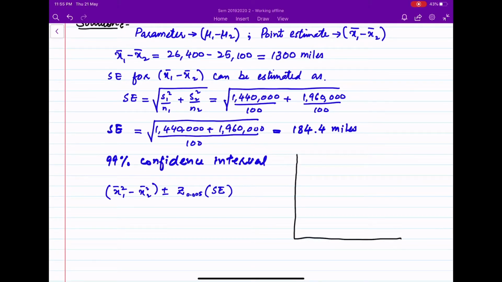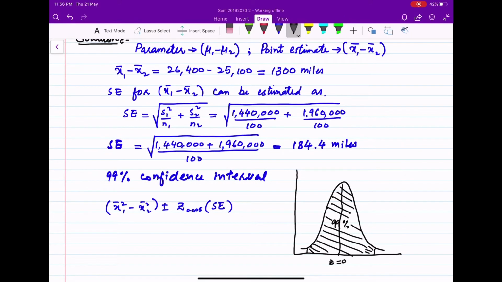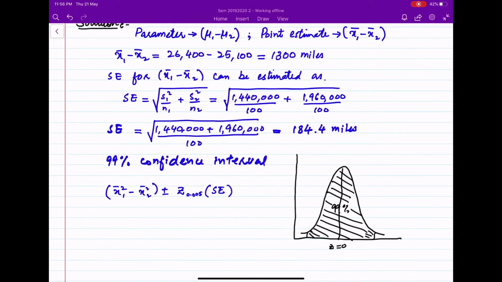We draw the population normal probability distribution. We know the center will be at z equal to 0, or the average of the population, or population mean. Okay, so the 99% confidence interval is the 99% area under the curve. The rest of the 1% is distributed on each side, which will be labeled as alpha over 2 on the positive side and alpha over 2 on the negative side.